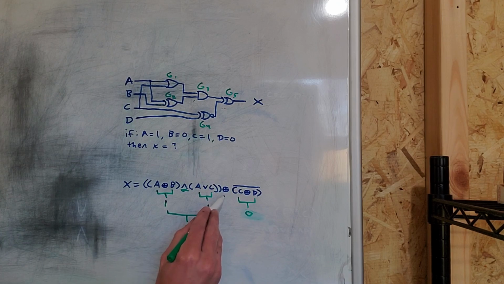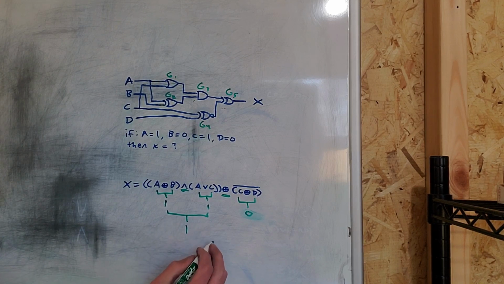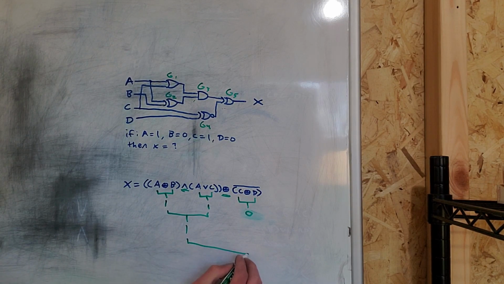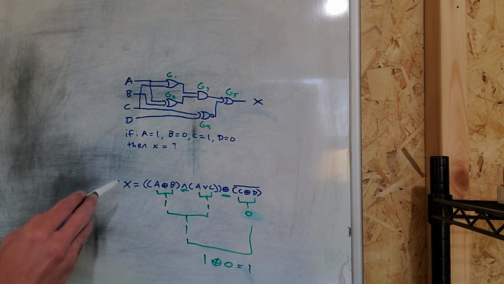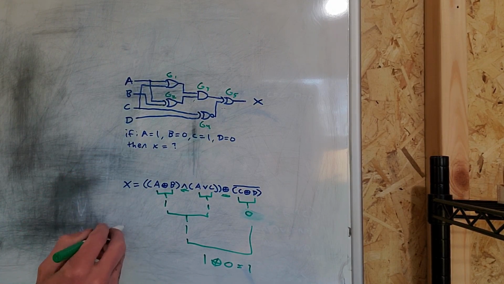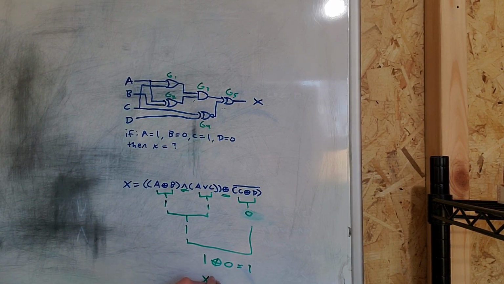And then we have this final operation here, where 1 XOR 0 equals 1. And so in this case, if these variables are these values, then X would equal 1.